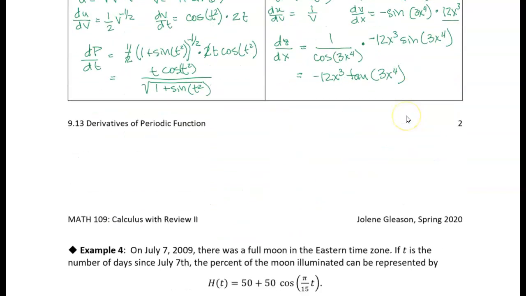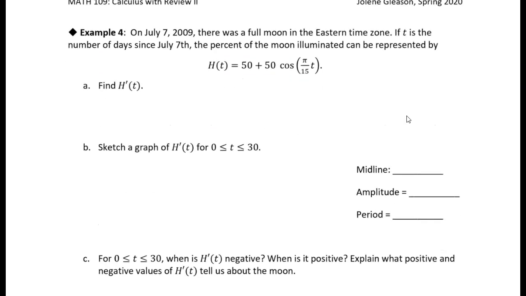All right, let's do the word problem. Okay, so in this word problem, this is on July 7th, 2009. There was a full moon in the Eastern time zone. If t is the number of days since July 7th, the percent of the moon illuminated can be represented by this function.